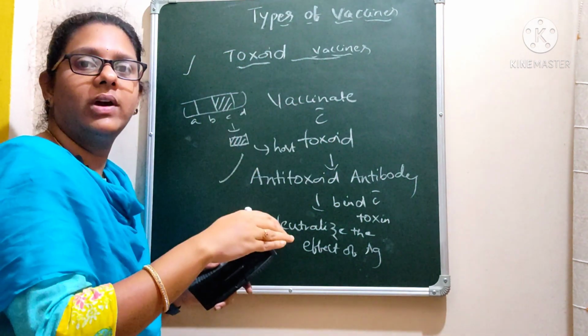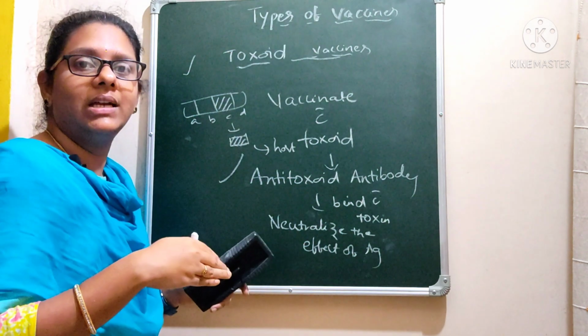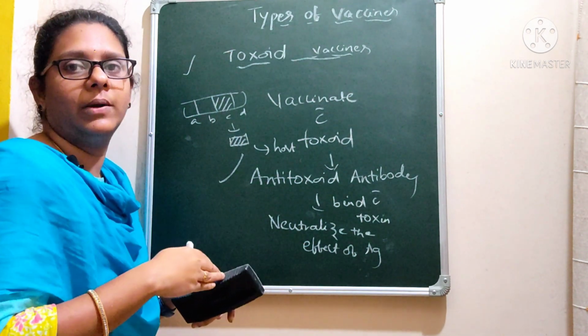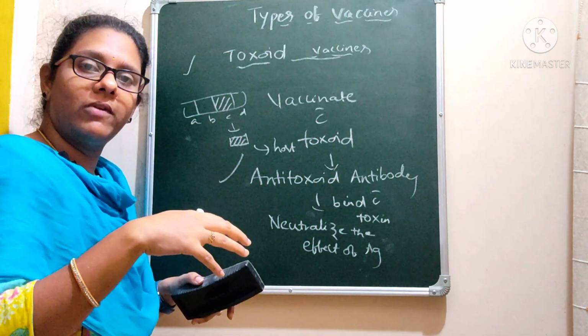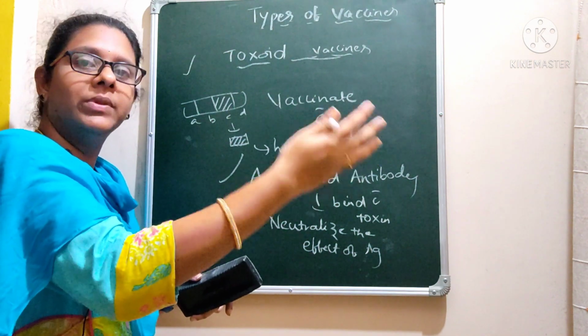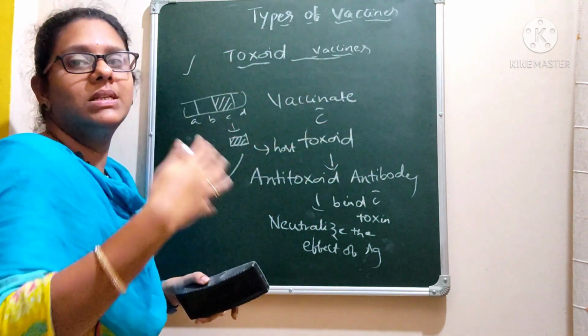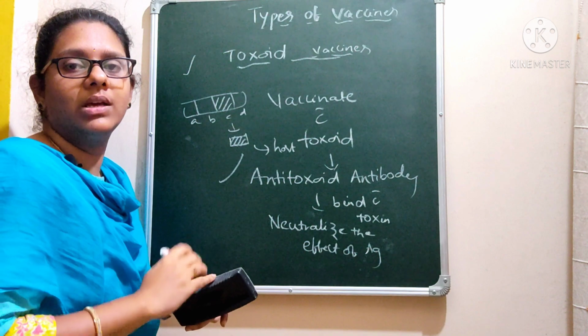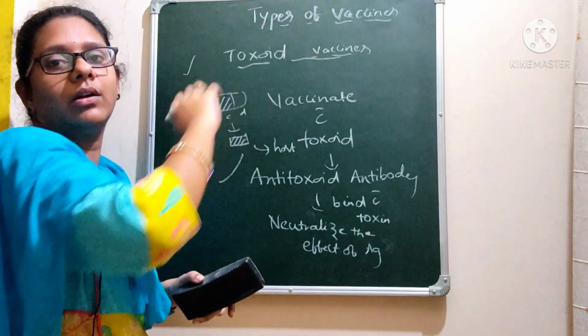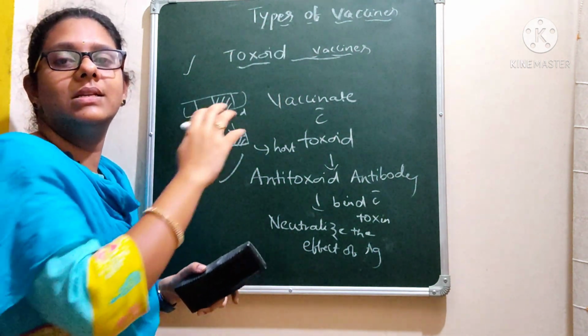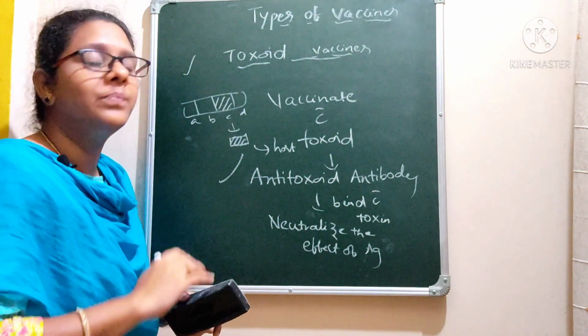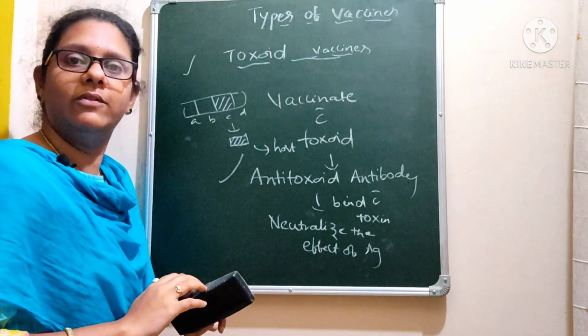We have to purify it and then inactivate it, converting it to a toxoid. And this toxoid in the form of vaccine, if you inject to a person, will induce the immune response, leading to the production of antibodies which will neutralize the effect of exotoxin that is released by a pathogenic bacteria. This is the concept of toxoid vaccines.